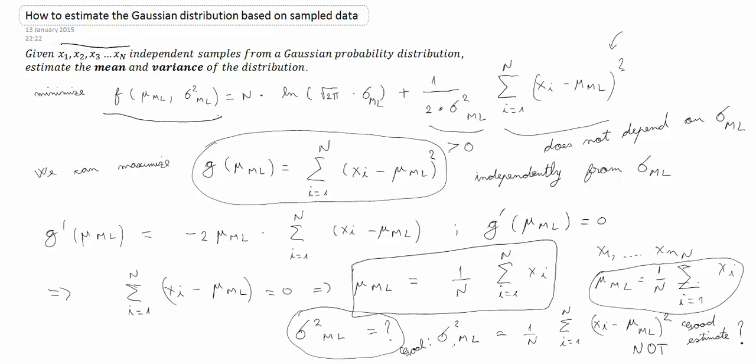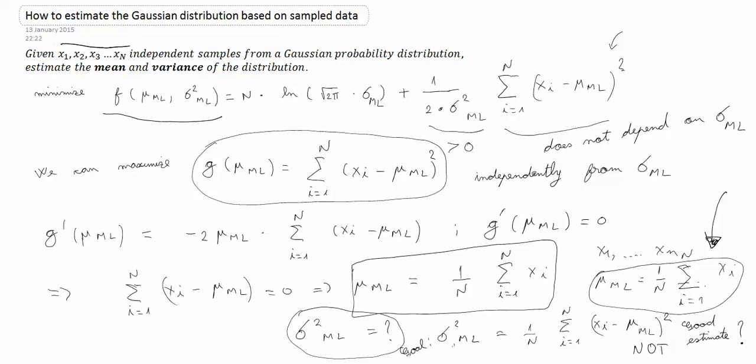And we asserted, actually it was a true assertion, that we can independently minimize this function in respect to mu and sigma. So we already performed the minimization in respect to mu, and we reached this estimate of mu, which is identical to what we were expecting and what we learned in school.